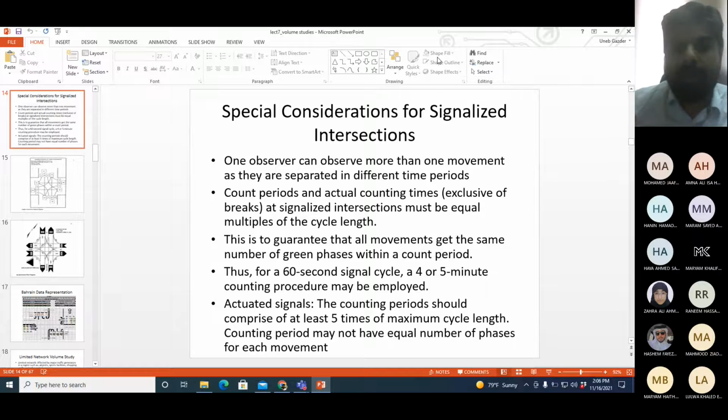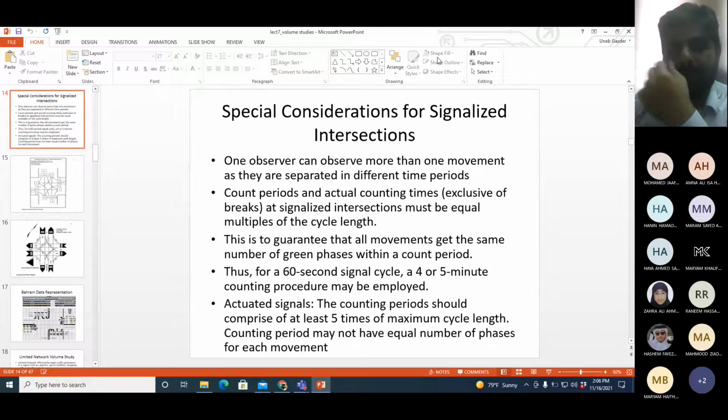Okay, because 1.5 hours is again a multiple of 1 minute. But let's say your cycle length is 90 seconds, so 1.5 minutes. Okay, now in that case you cannot do counting for 50 minutes. A counting period of 50 minutes when the cycle length is 1.5 minutes will not work, because 50 is not a multiple of 1.5, right?